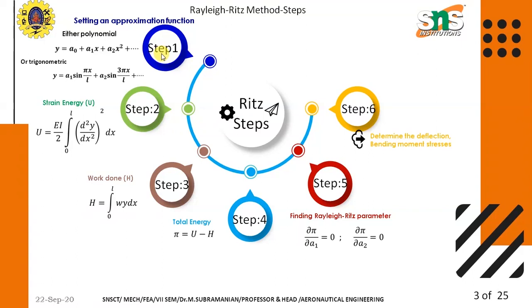Then the fifth step is we have to determine the Rayleigh Ritz parameters A1 and A2 by using partial differential equations. The last one is, from that A1 and A2, we substitute in the trial function equation. Then we can determine the deflection and bending moment.